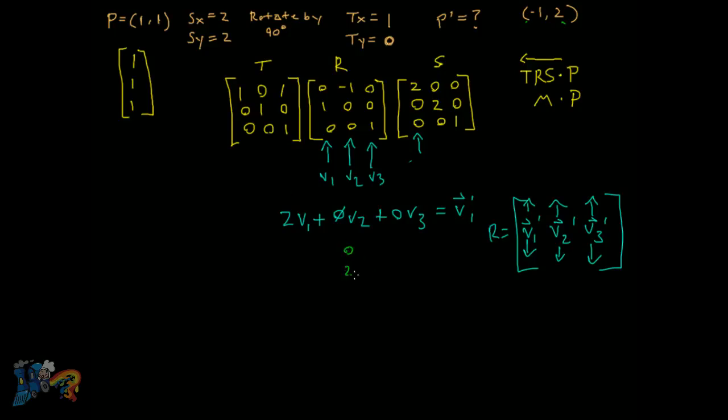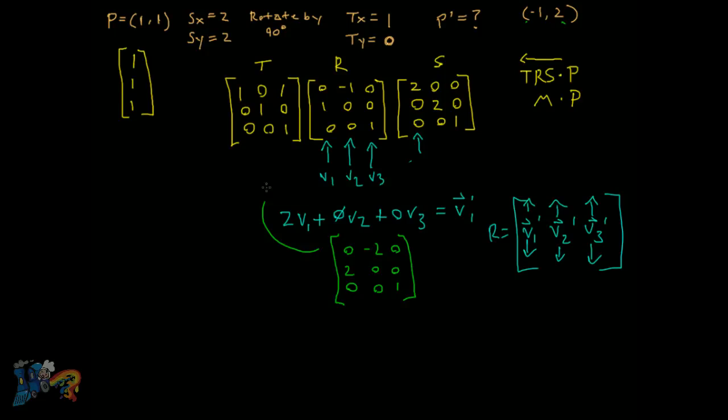Our second vector is 2 times the second vector on the left-hand side, so negative 2, 0, 0, because we don't pick up any other ones. And this is just 1 times the third column vector, so 1 times v3 is just 0, 0, 1. So that's our result.